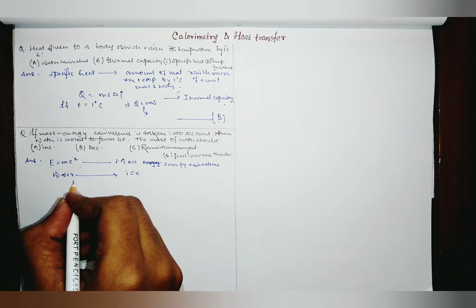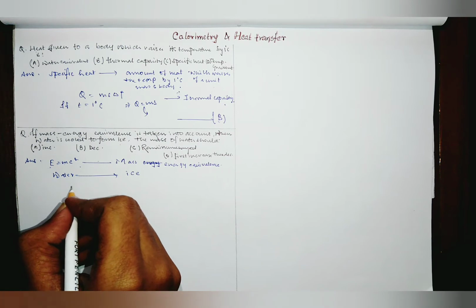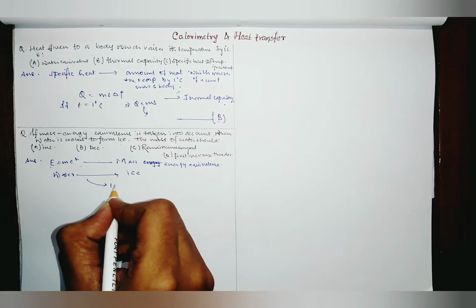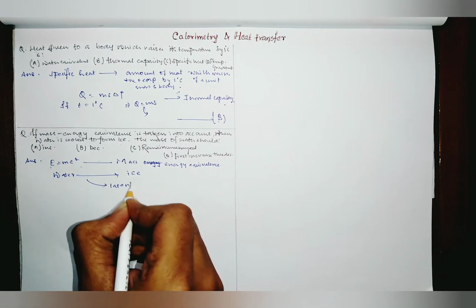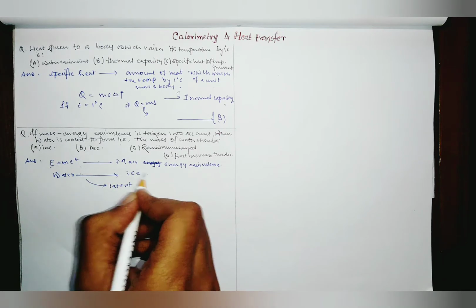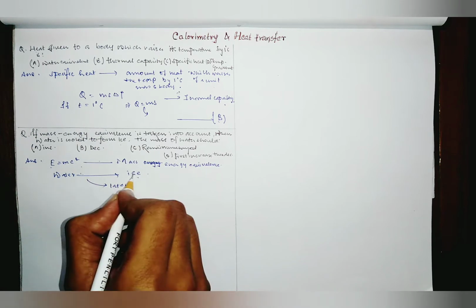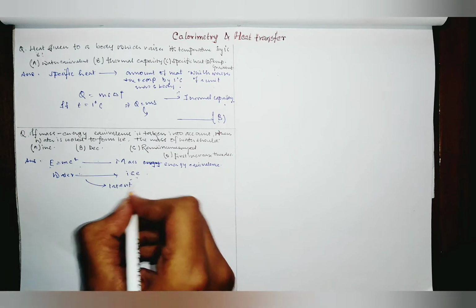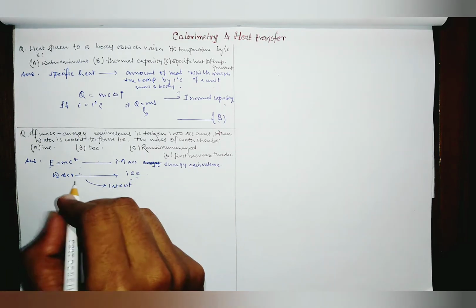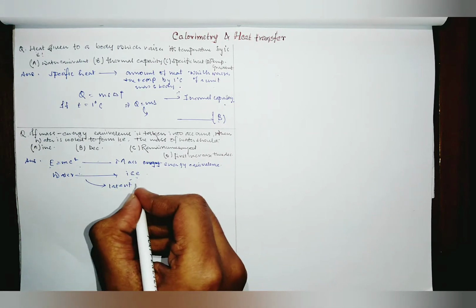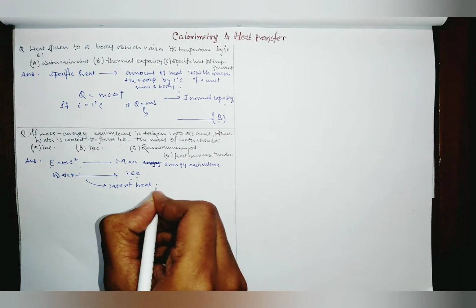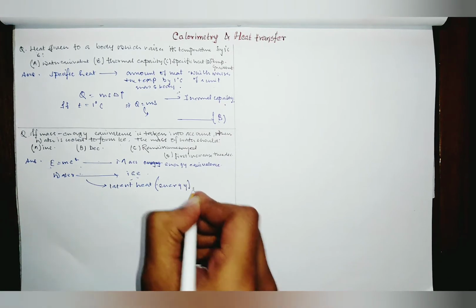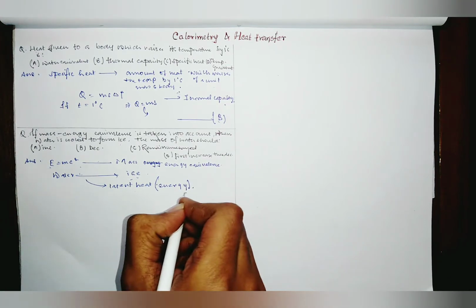converting into ice, meaning some latent heat is given to the surrounding, right? Some latent heat will be given to the surrounding, which is responsible for this change of state, right? We all know that during change of state the latent heat is given, which does not raise the temperature but it helps in changing the state. Now latent heat, we all know, is a form of energy, definitely, right?